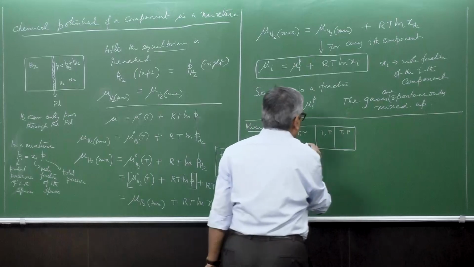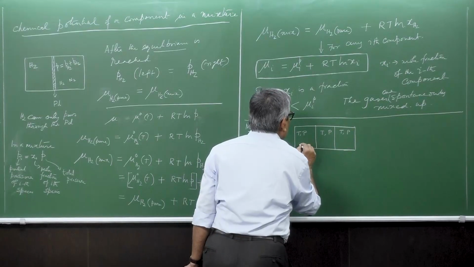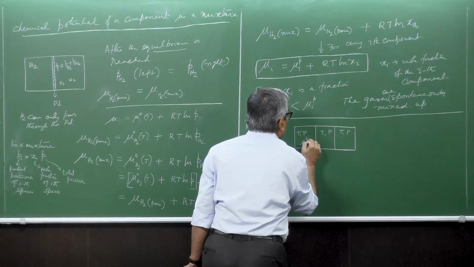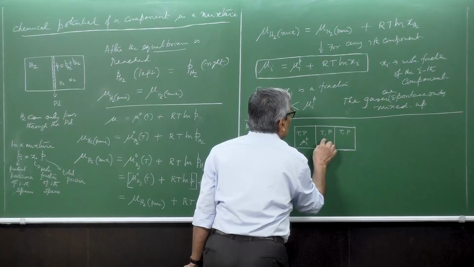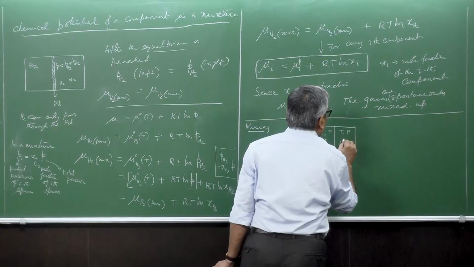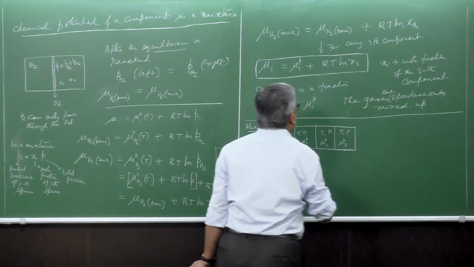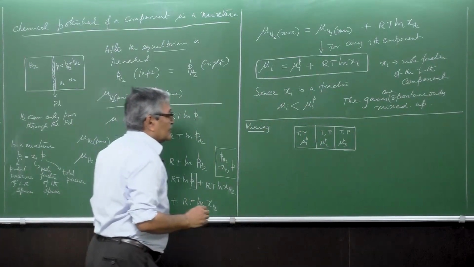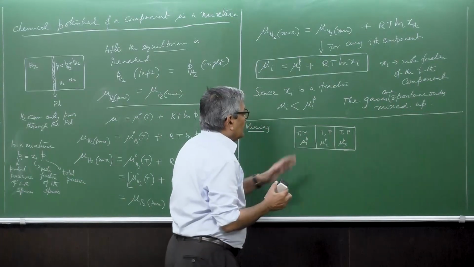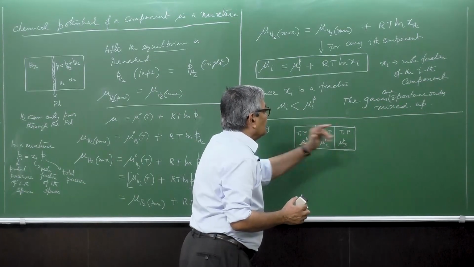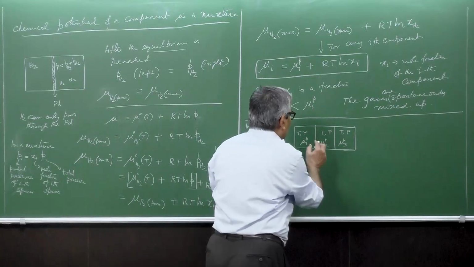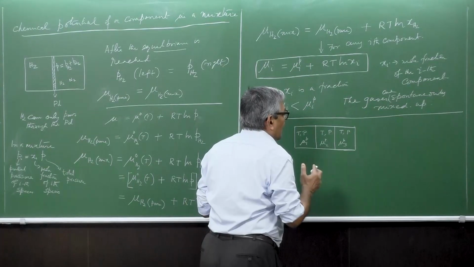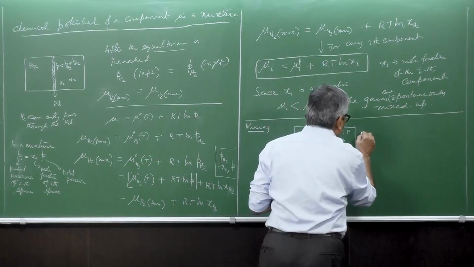This is component 1 with mu 1 pure, mu 2 pure for component 2, and mu 3 pure for component 3. So initially I have a system in which there are three compartments and three gaseous substances, and this is my initial state.